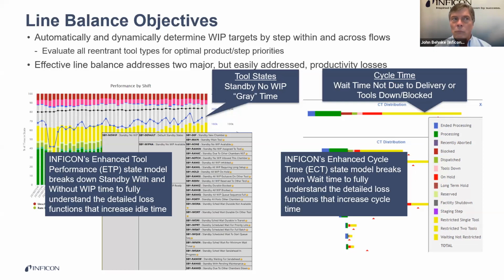Now, why? Well, the main reason is that factories are not nearly as efficient as those that run them would like to believe. There are a tremendous number of hidden losses. The two big ones, quite frankly, in every factory, be it automated or manual, are standby with no WIP. That's this gray area on the left. And all that means is that a tool is up, it could run, but there's no inventory for it to run.